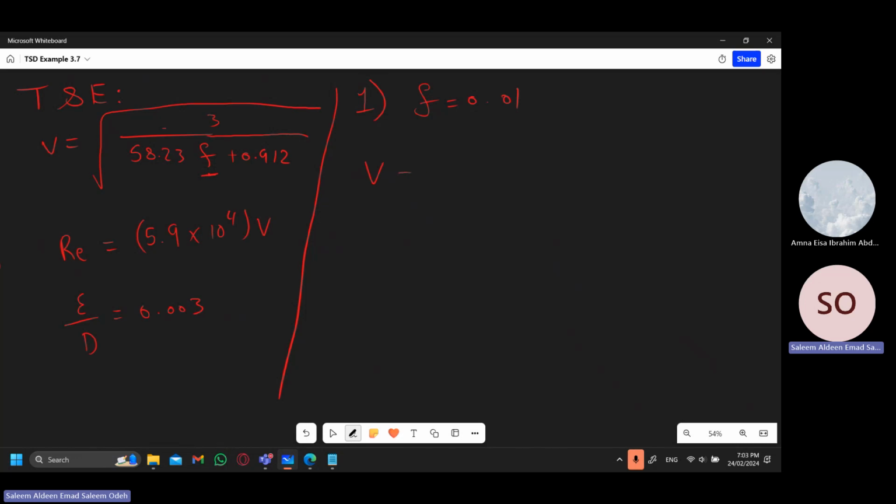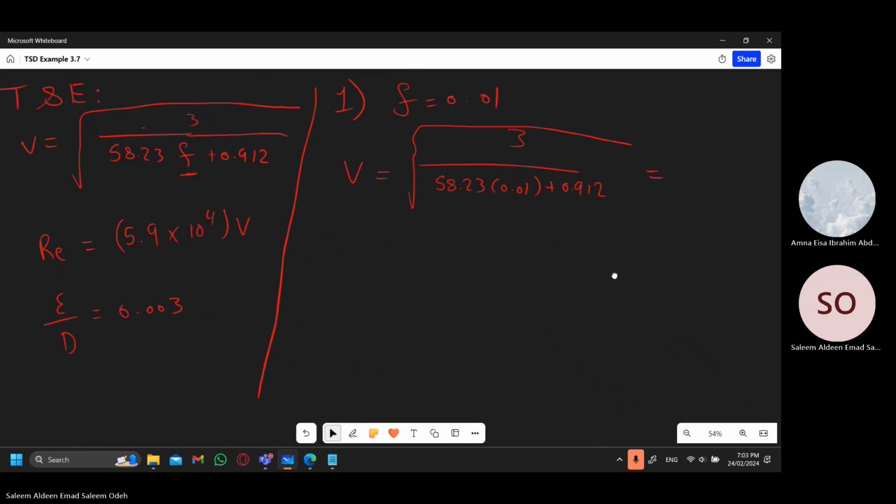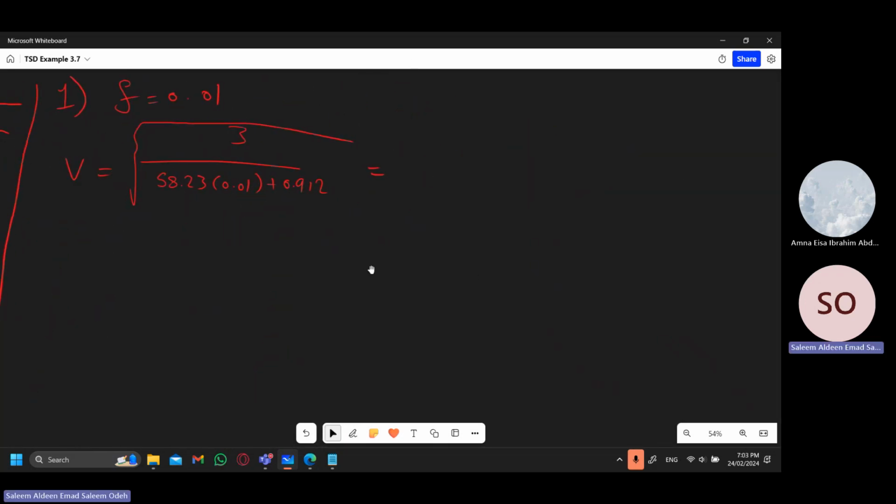So we'll just plug in, which is equal to 1.42 meters per second. And then since now we have the velocity, we can plug it into the second equation.